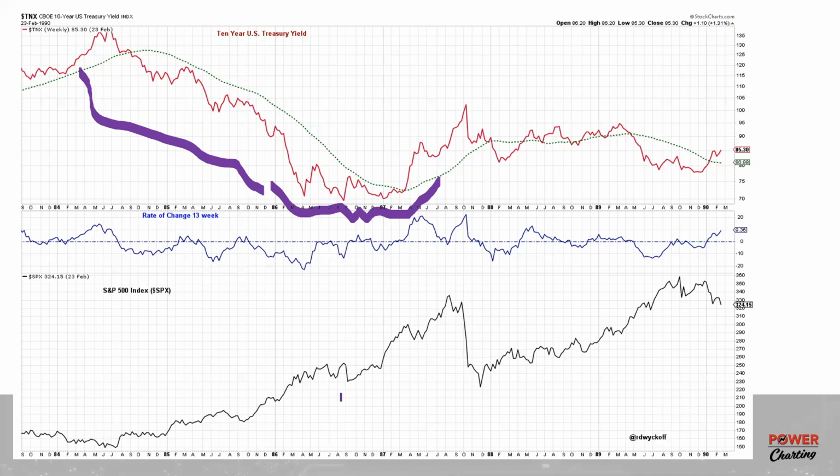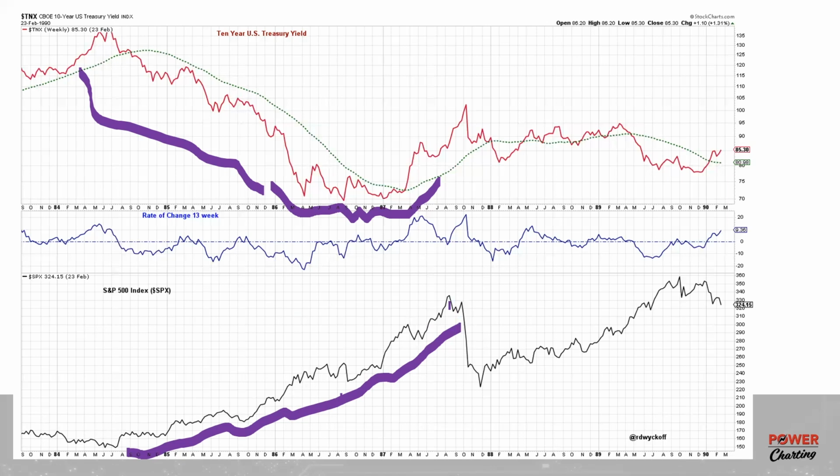Now, here is an incredible bull market run from 84 to 87, which was dominated by large cap value and some small cap value. So something that seems to be starting to emerge now when we look at the value ETFs and we look at the Russell 2000, et cetera.